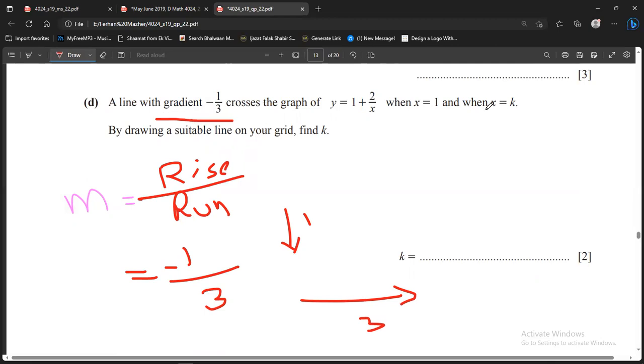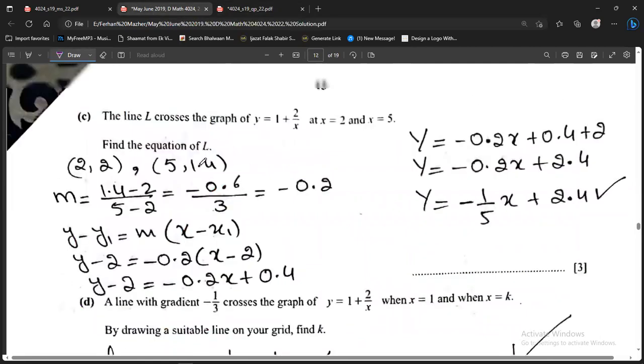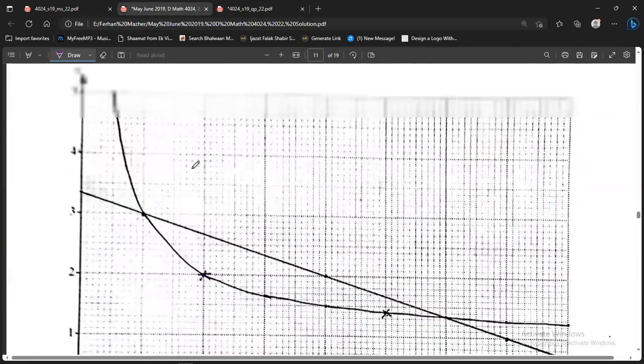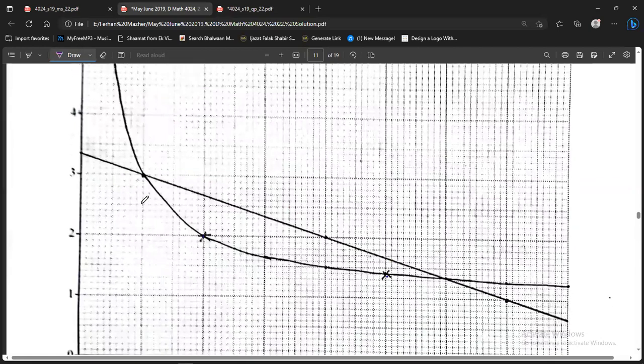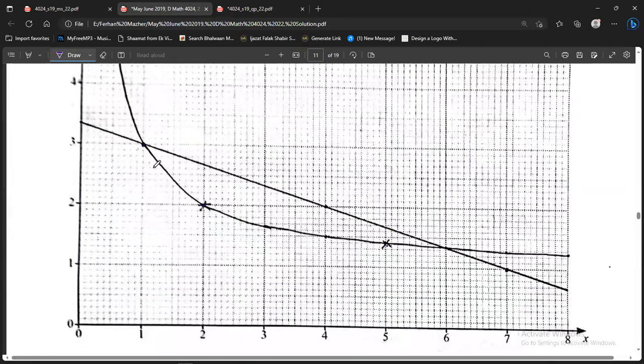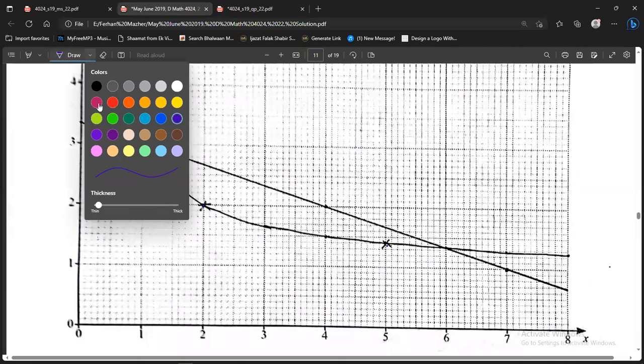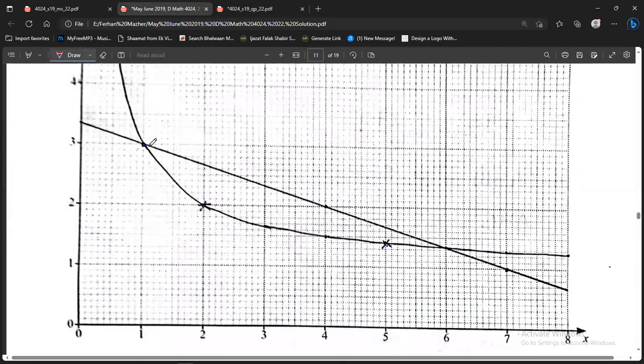And it passes through the graph at this point. So at this point, go one step down and 3 steps to the right. Then go one step down and 3 steps to the right again.